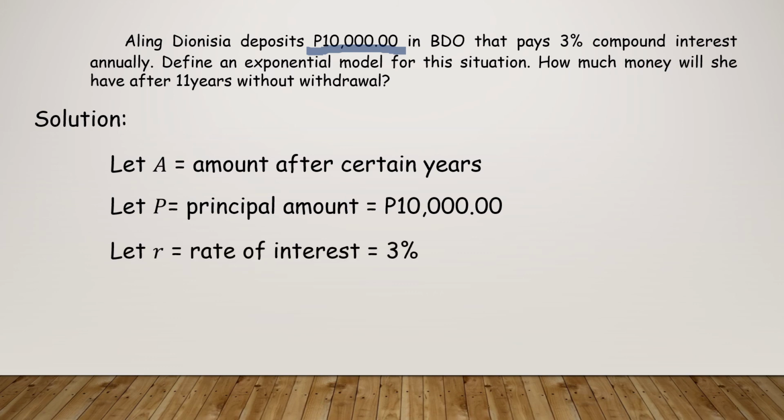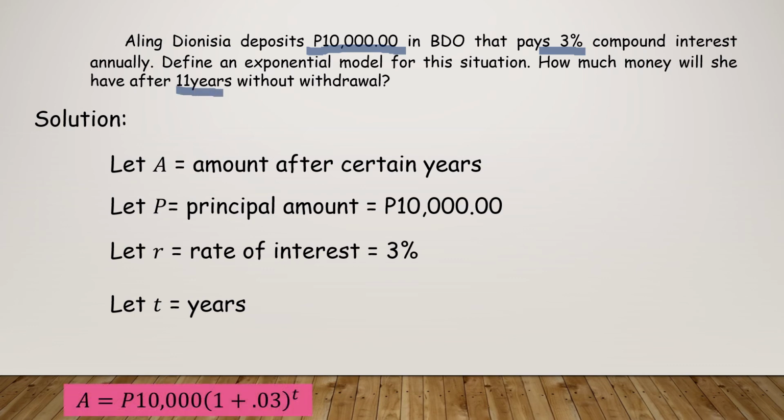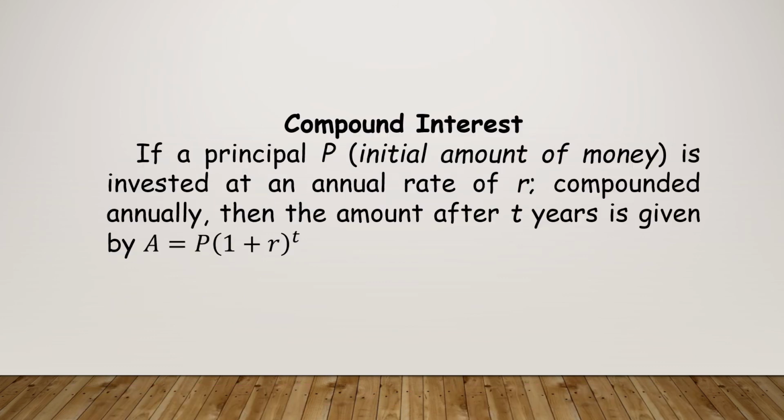We let our R, or rate of interest, be 3%, and T is equal to years. Therefore, yung nakuha natin kanina na A is equal to 10,000 times 1 plus 0.03 raised to T is equal to A is equal to P times 1 plus R raised to T.